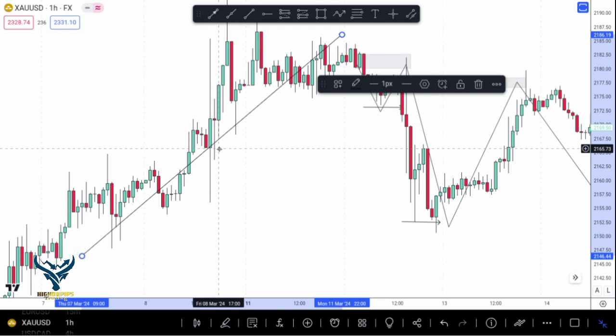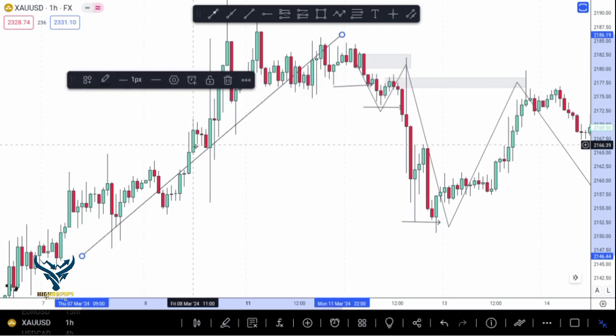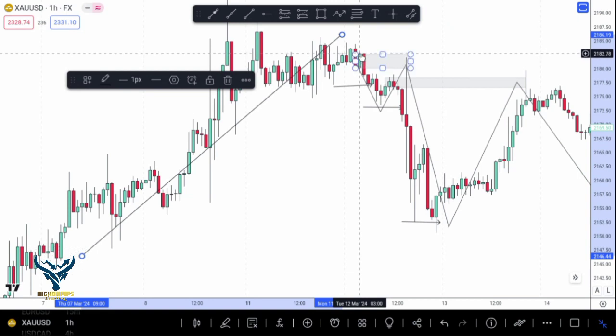And these green candlesticks represent a bullish market or a buying market. So among these candlesticks, this green one was the last one before the market started going down, right? Which means it is an order block.